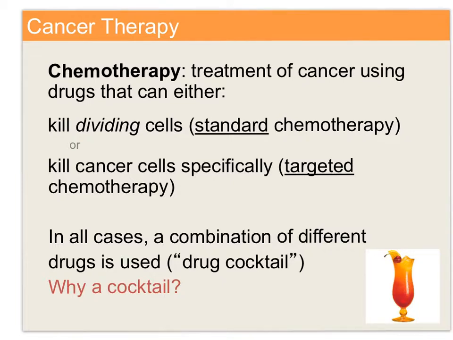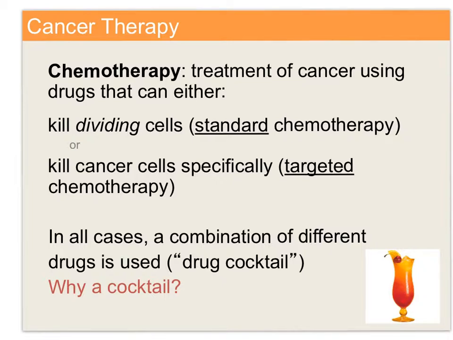Now the trouble with targeted chemotherapy is that, as I mentioned, cancer keeps evolving. During the replication phase, new mutations happen. Some of those mutations are beneficial to the cancer. And so with these targeted chemotherapeutic agents, there might be a new mutation that they don't work on.